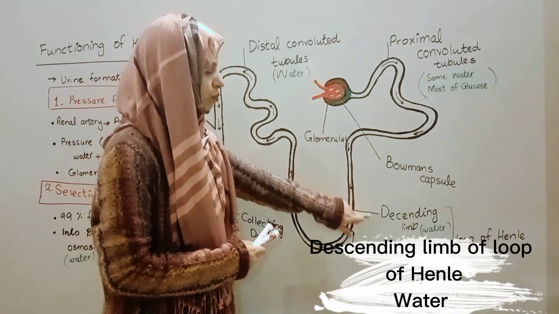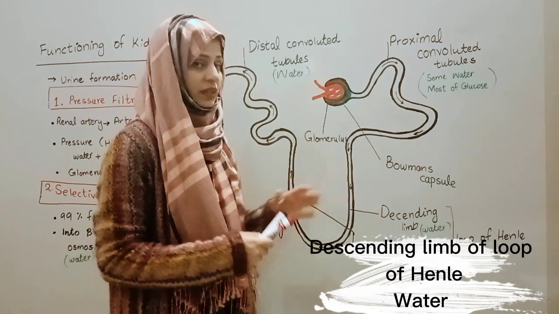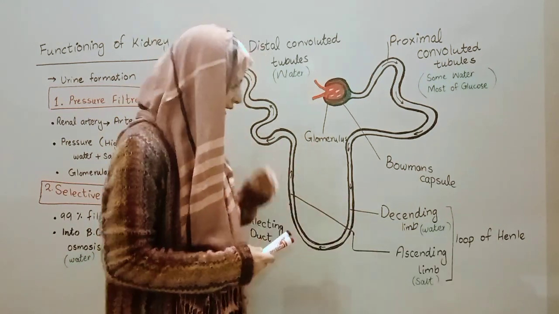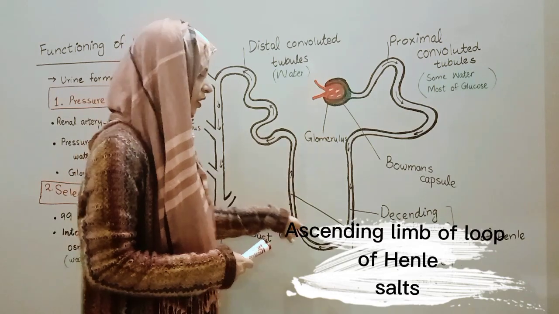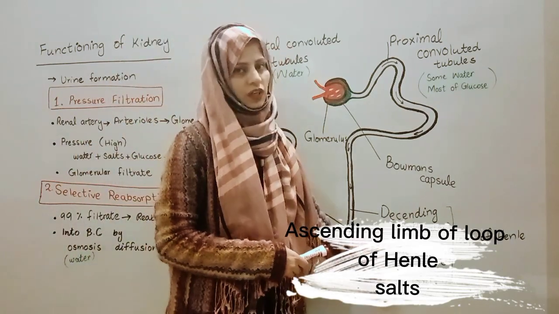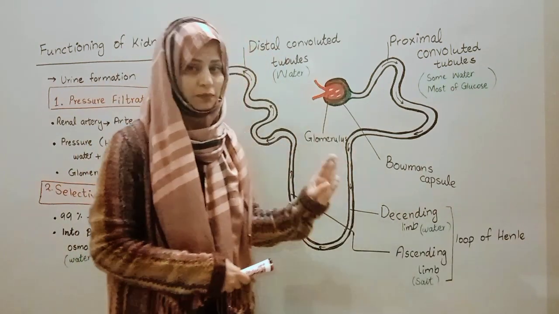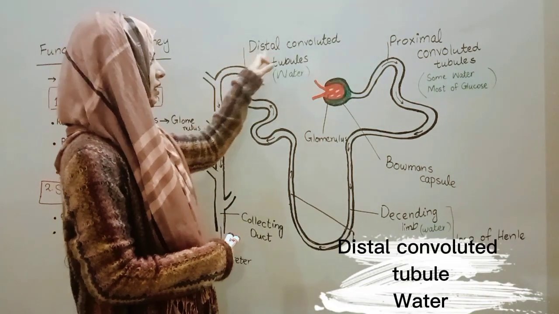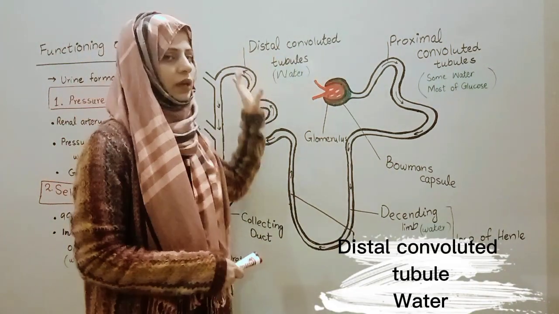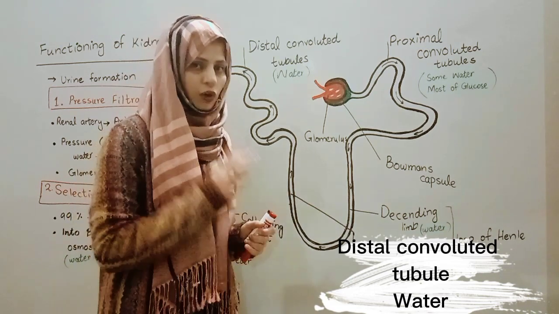The descending loop allows the reabsorption of water, and the ascending loop allows the reabsorption of salt. The last part, the distal convoluted tubule, allows the reabsorption of water.